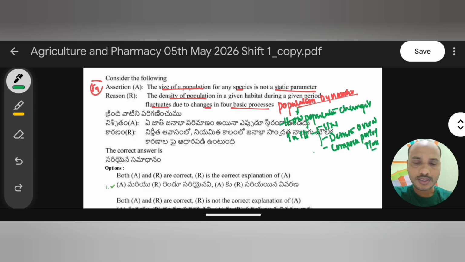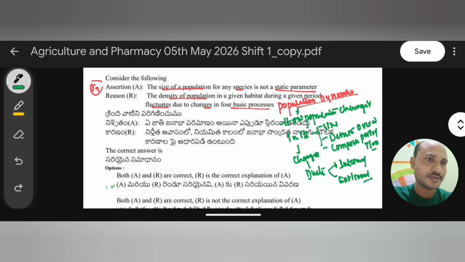These changes over a period of time are generally due to internal and environmental changes. Due to environmental or internal changes, the population will change in size, density, and composition. Generally, these changes will occur due to four important processes, four basic processes.